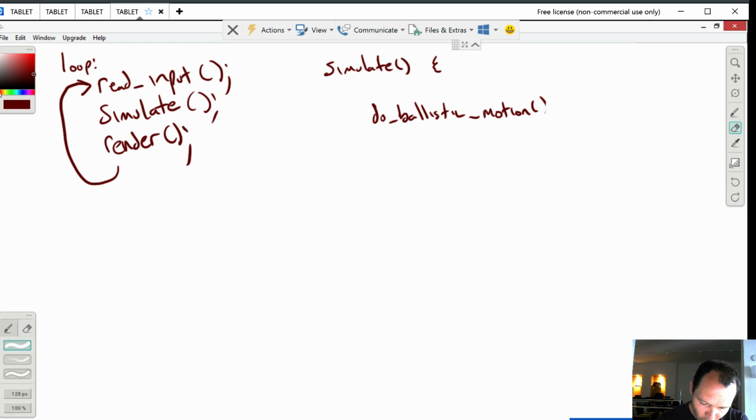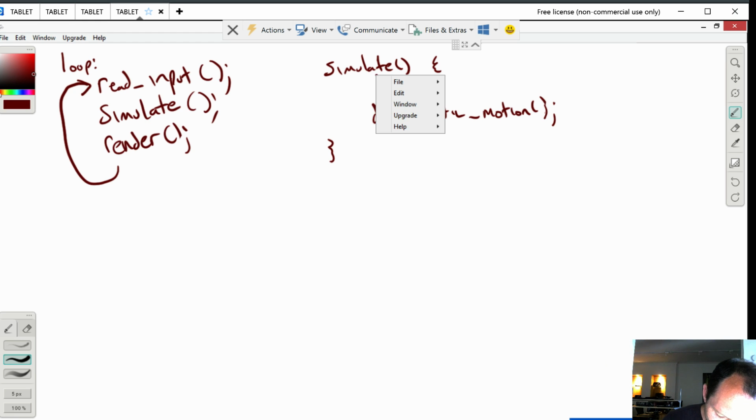Let me fix my janky semicolons. Okay, but before you do ballistic motion, you want to call the entity's update function, right? I'm just going to call it update for now, but it's the thing that has the entity respond to changes in the world. So in principle, you say for all entities update, right?